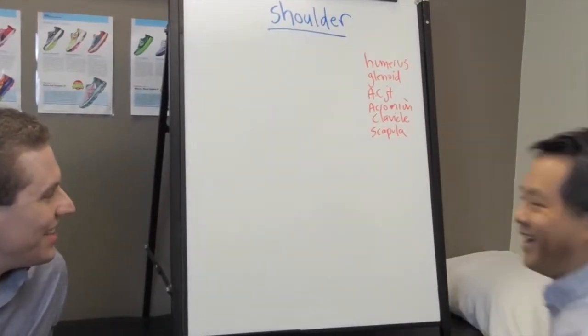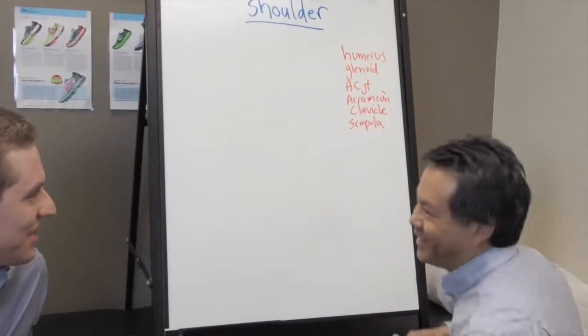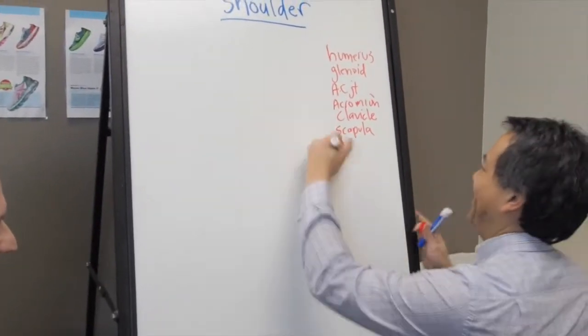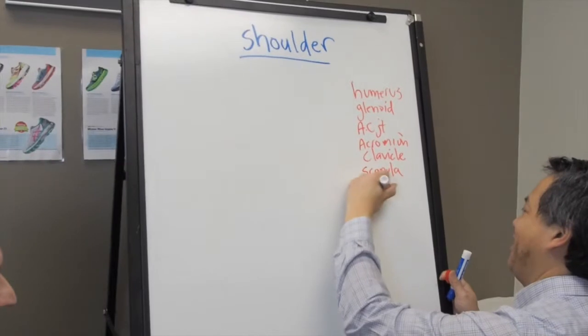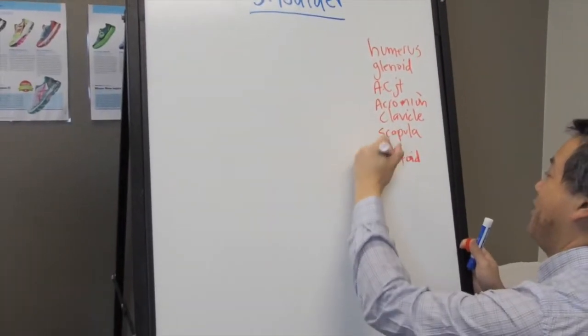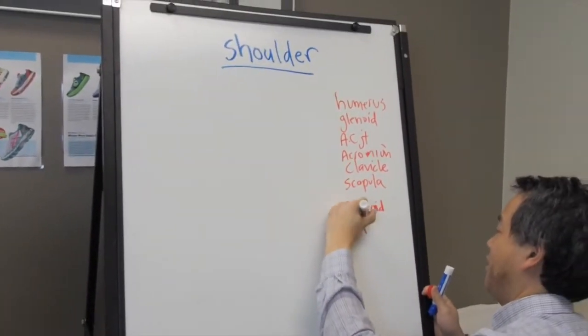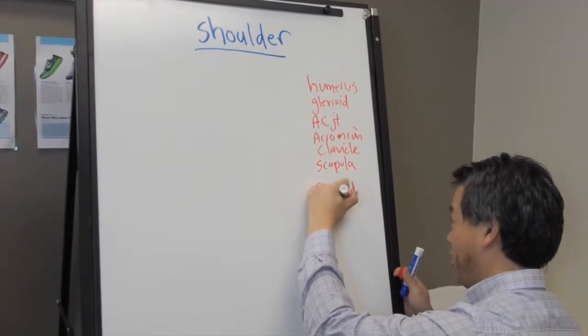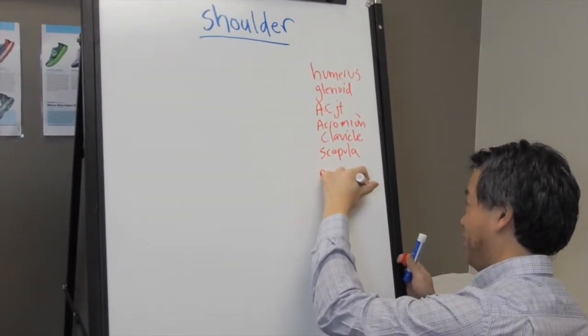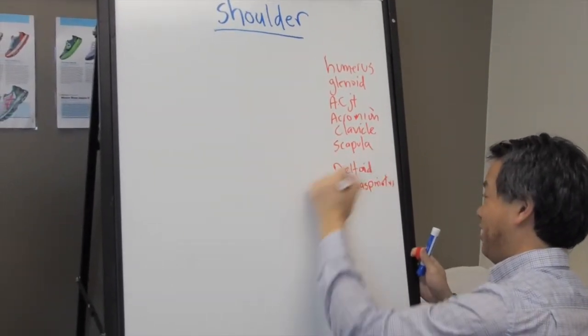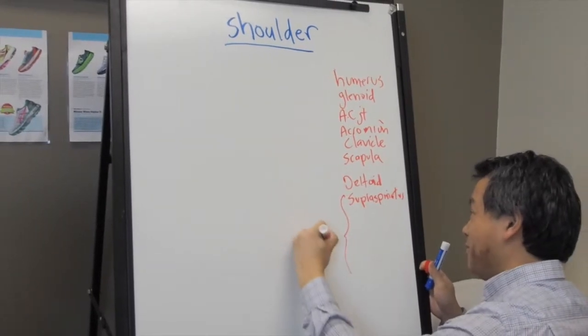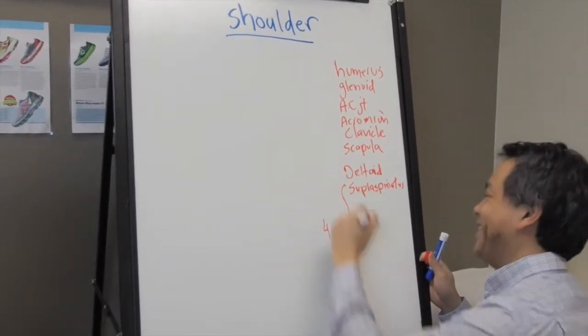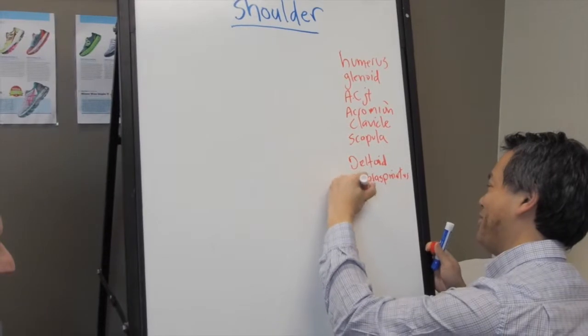Muscles. There's a lot of them. Let's go with deltoid. There's the supraspinatus, which is one of the 4 rotator cuff muscles. There are 4 of them. That's the big one. Infraspinatus, that's 2 out of 4.